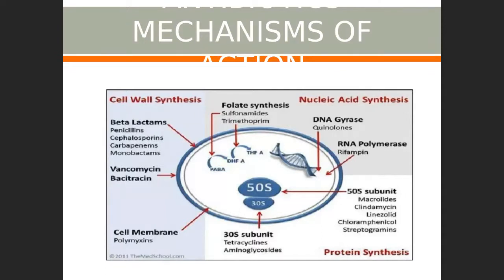Folic acid synthesis inhibitors are also acting inside. So they are known as intracytoplasmic. The drugs which are acting inside the cell wall or inside the cell membrane are known to have intracytoplasmic action, whereas the drugs which are acting on the cell wall or on the cell membrane are known to have extracytoplasmic action.